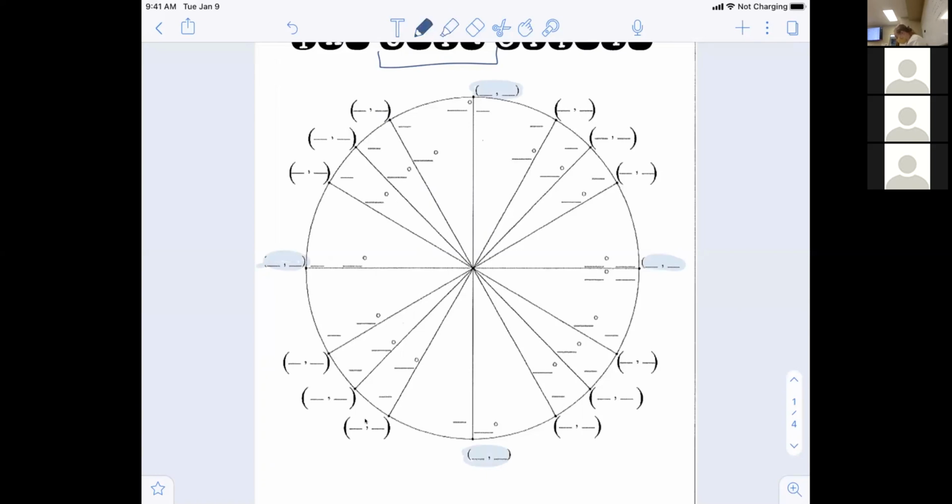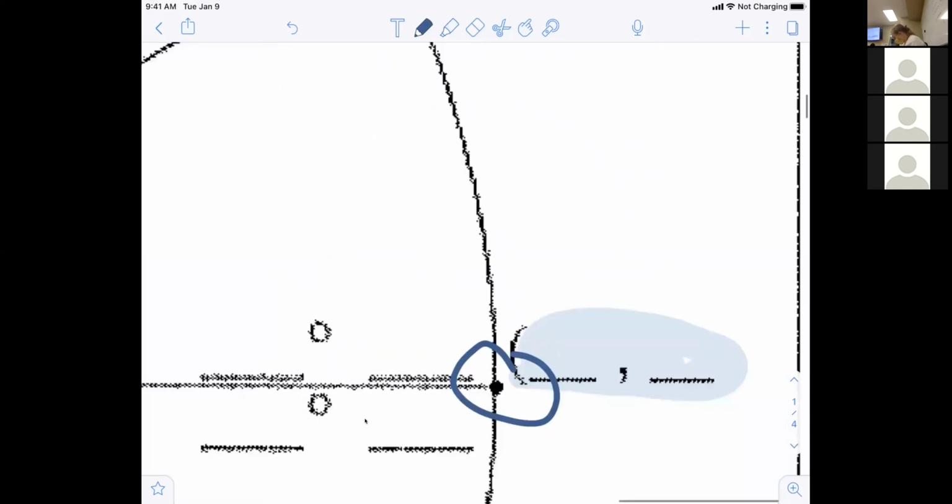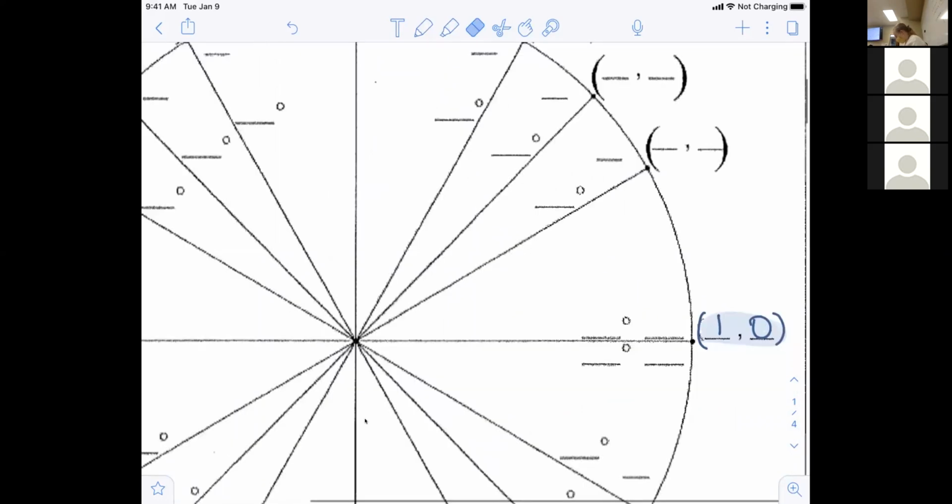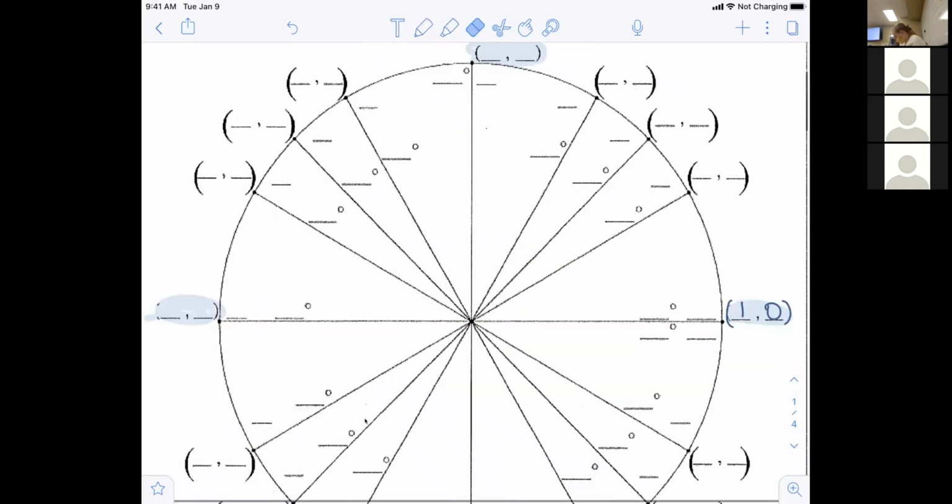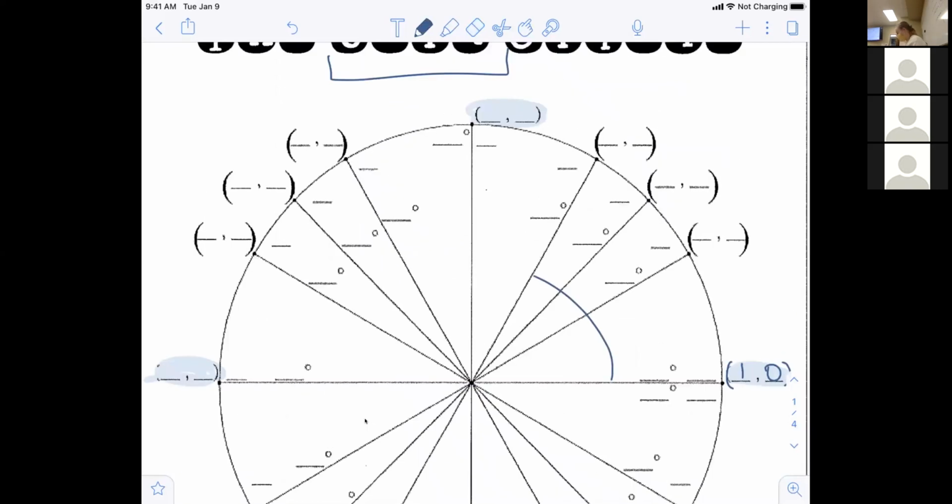So I just told you it's the unit circle. What would this point out here be? We went over 1 unit and we didn't go up and down. What coordinate point would that be? 1, 0. So I'm going to put 1, 0 in that ordered pair area. What about if I went up 1 and didn't go left or right any? 0, 1.